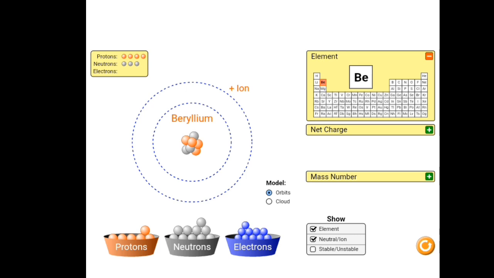So let's add one more neutron. So we have an equal number of protons and neutrons in the nucleus of an atom. Now let's try electrons. Let's see where they will be positioned. You can see that electrons are positioned right outside the nucleus of an atom. Let me add some more.